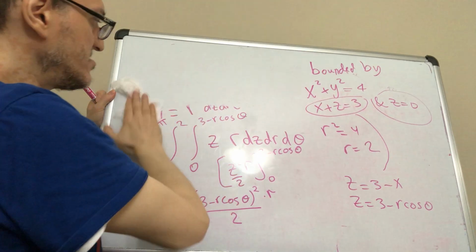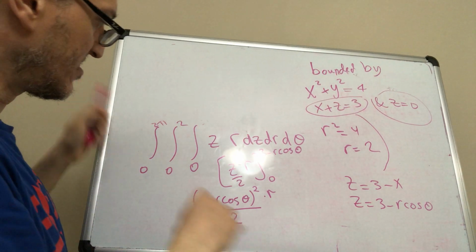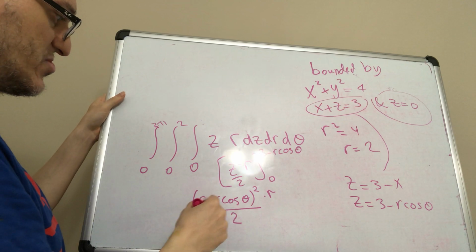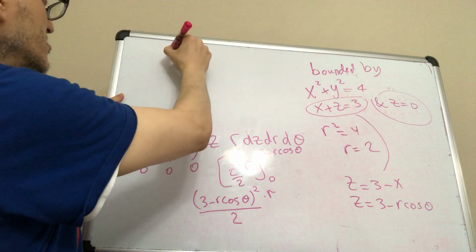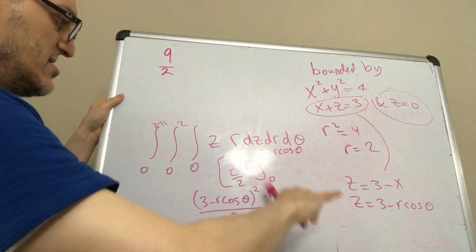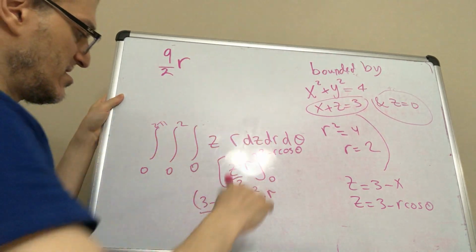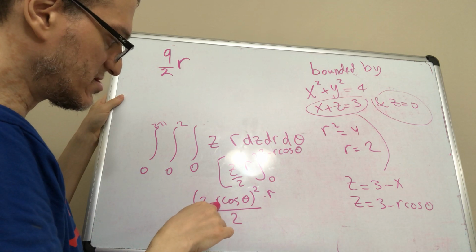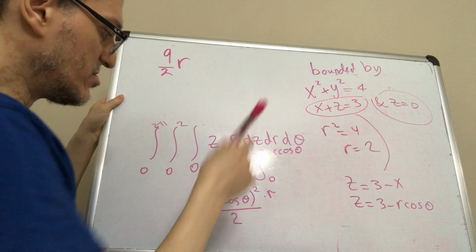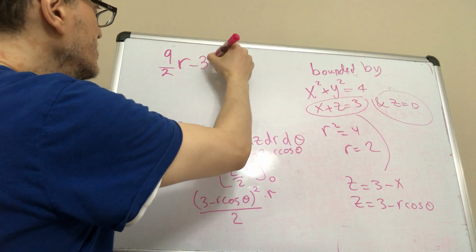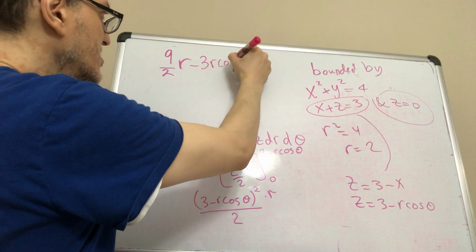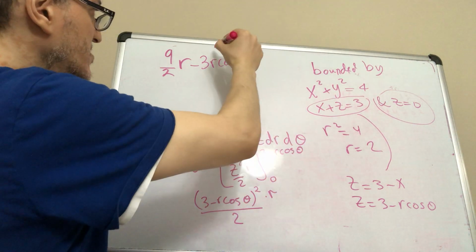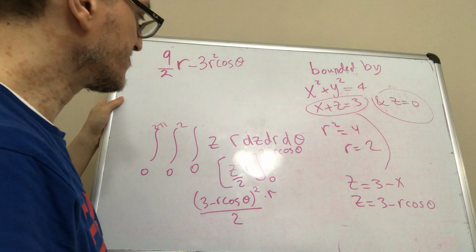I'm going to erase some of this. So if you expand, 3 squared is 9 over 2, so 9 over 2 r. You multiply first by second by 2, would be negative 6 r cosine theta over 2, that is negative 3 r cosine theta, and times another r, so that becomes r squared.